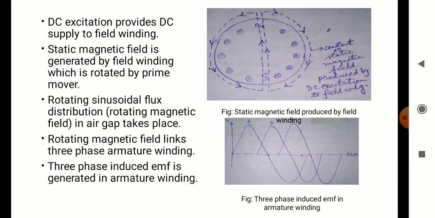Now in the topmost figure we can see how we provide the DC excitation to the field winding of a cylindrical rotor, and it produces a constant or static magnetic field.